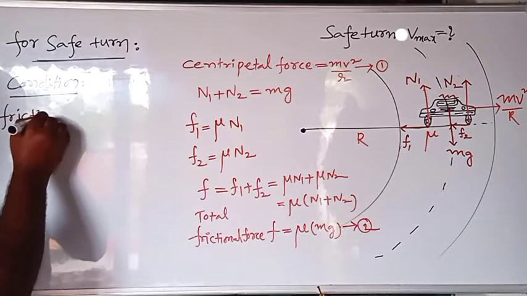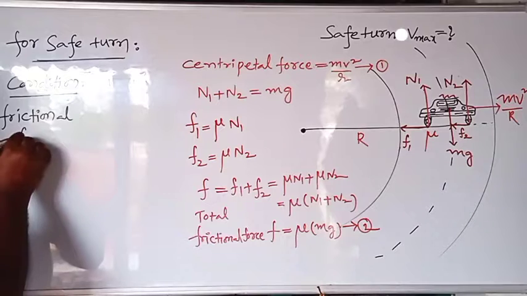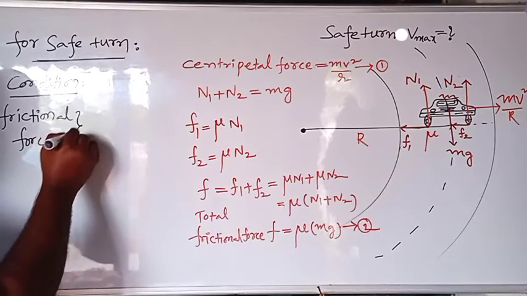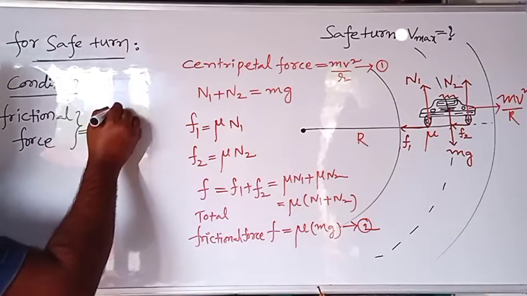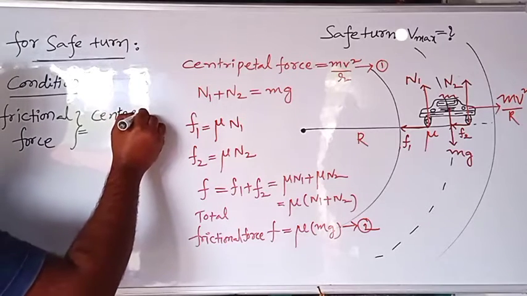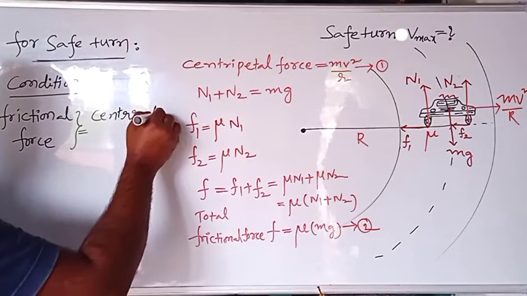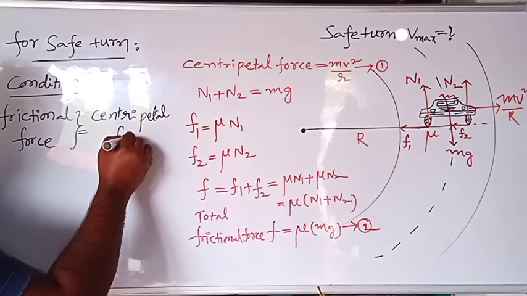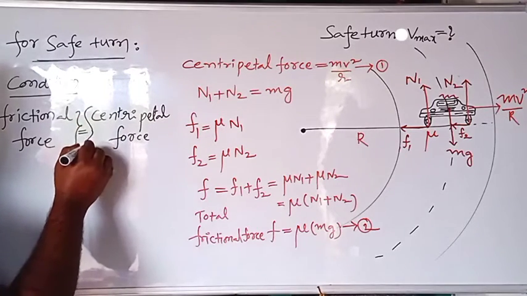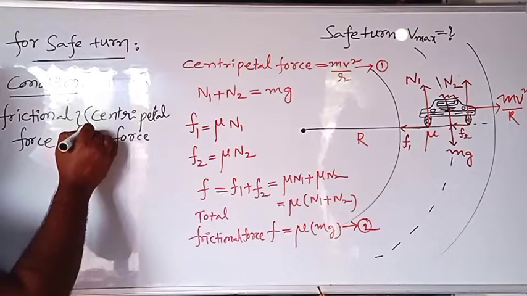For a safe turn, the condition is frictional force equal to centripetal force. Inward force and outward force, both forces must be equal, then only it can move safely on the level road.